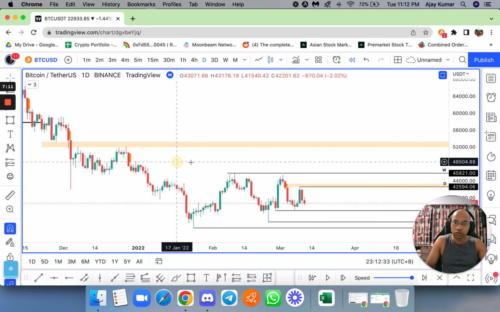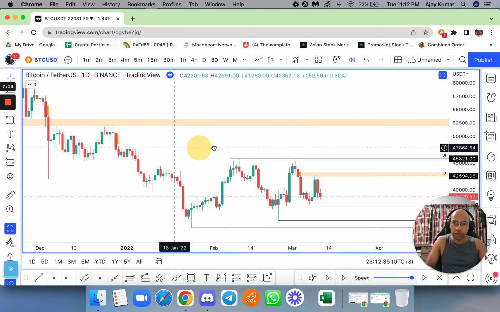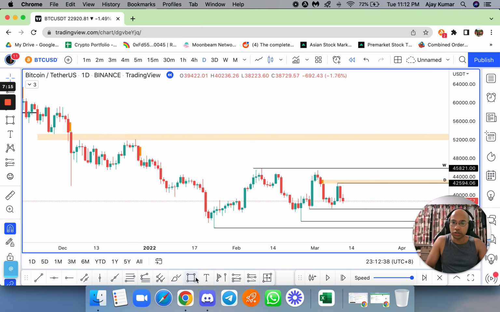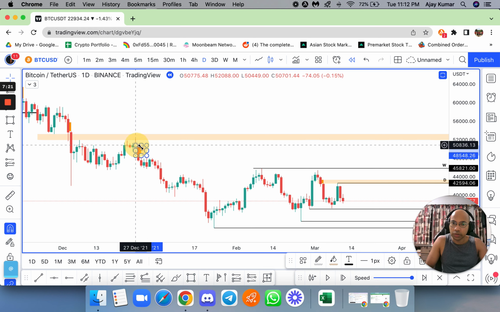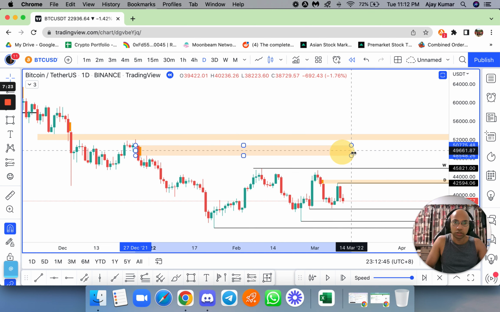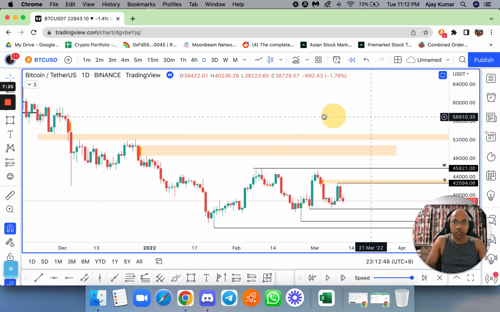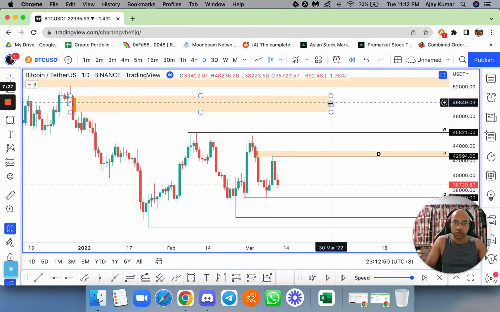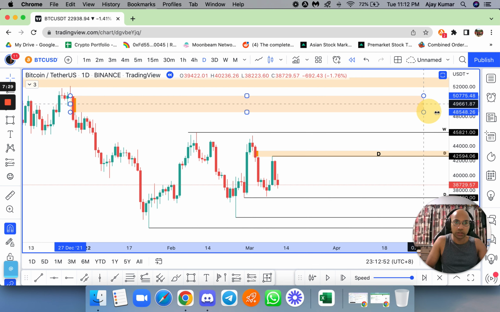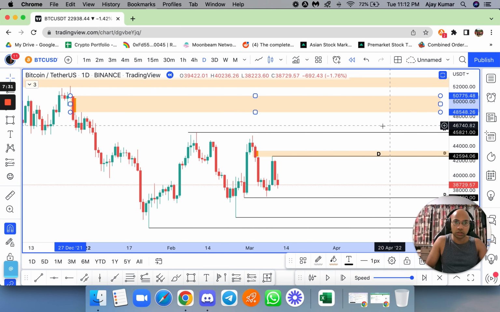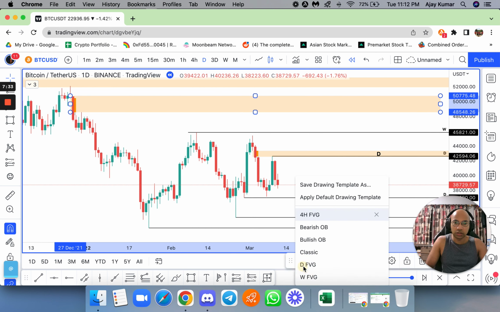Just to tell you guys again, I'm using an indicator to show me all the fair value gaps. The indicator is from Arch, so it's very convenient. It marks out all the fair value gaps for me. This is the daily fair value gap.